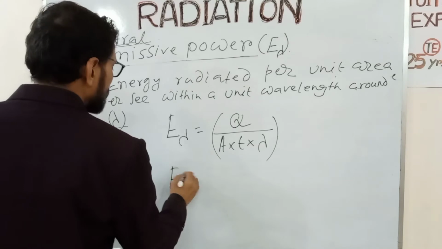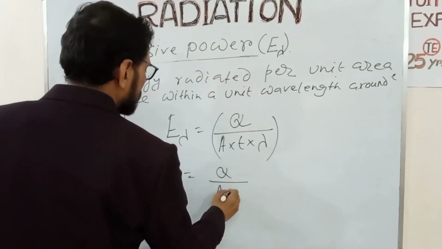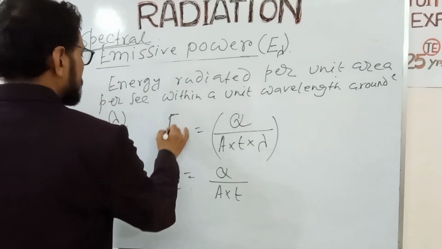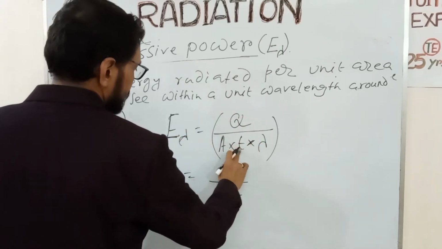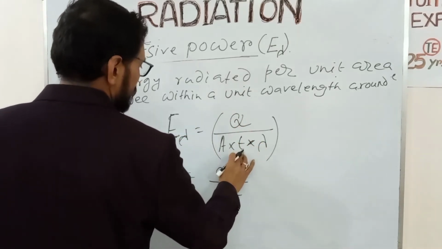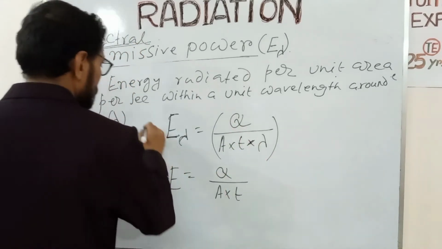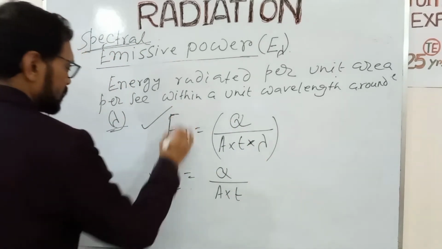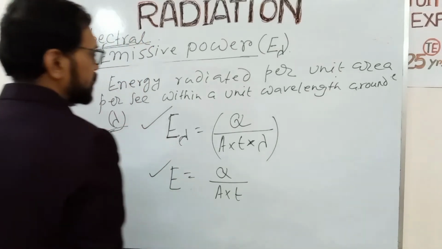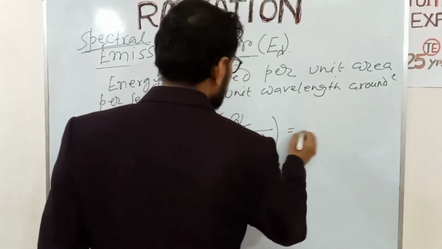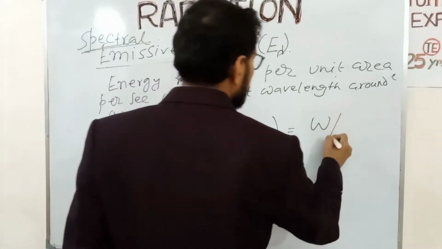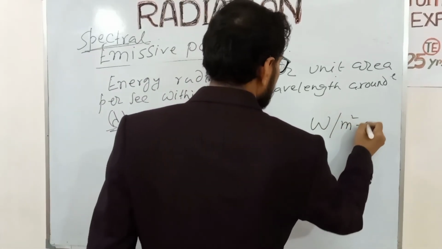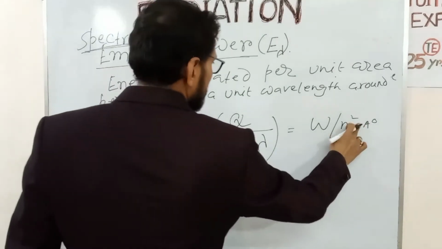Normal emissive power equals Q by A into t, and spectral emissive power is Q divided by A into t into lambda. So its unit will be joule per second, that is watt per meter square per angstrom.